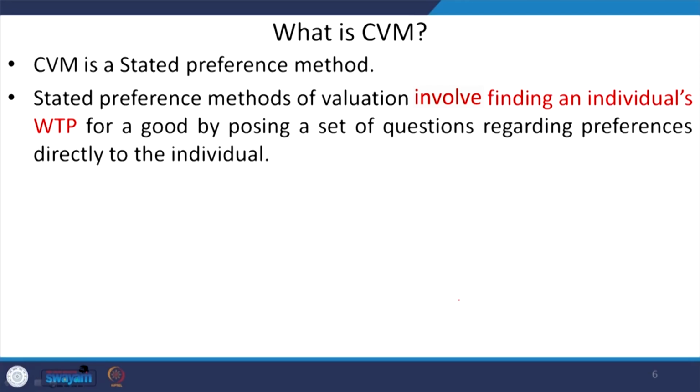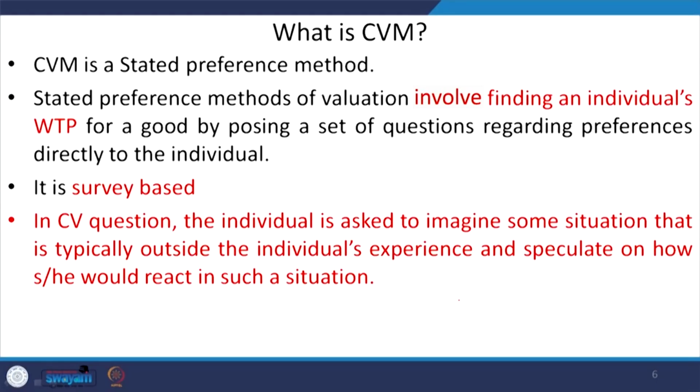In the stated preference method, we directly pose the questions to the individuals or whosoever are the beneficiaries or stakeholders, and we can get to know the willingness to pay. Therefore, the stated preference methods are survey based methods. As you understand, this contingent valuation method is a survey based method. So, the real task is to develop the contingent valuation questions or questionnaire.